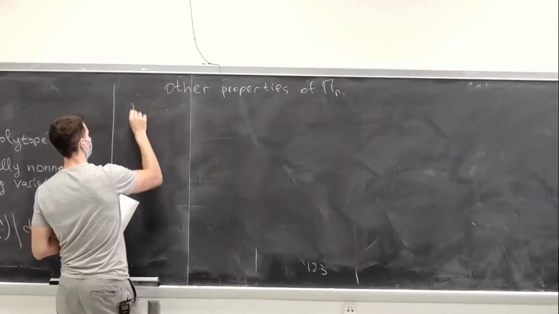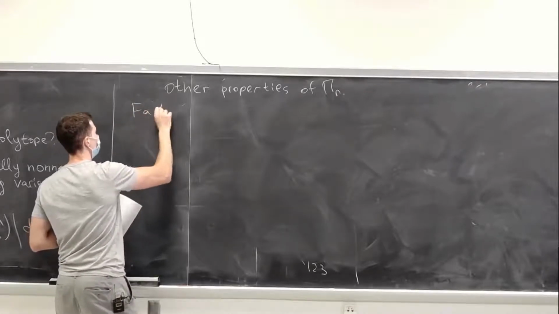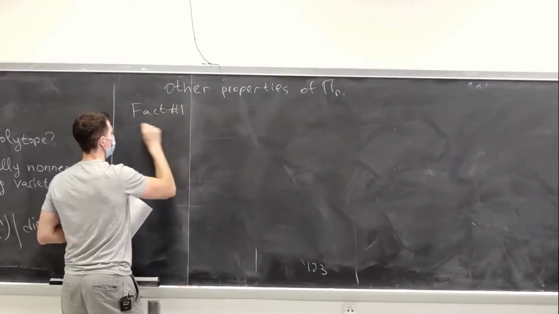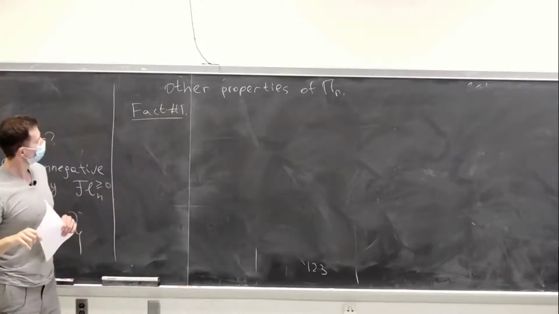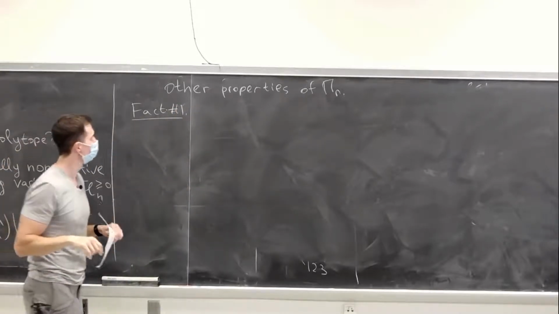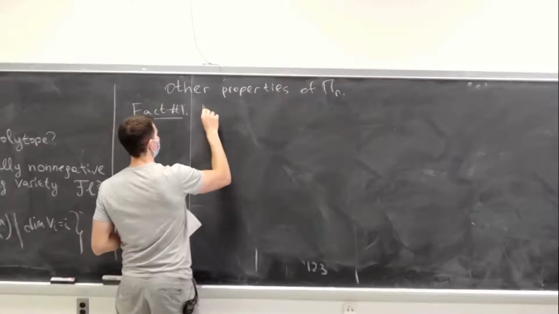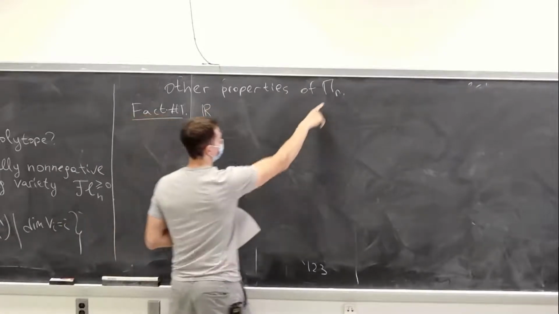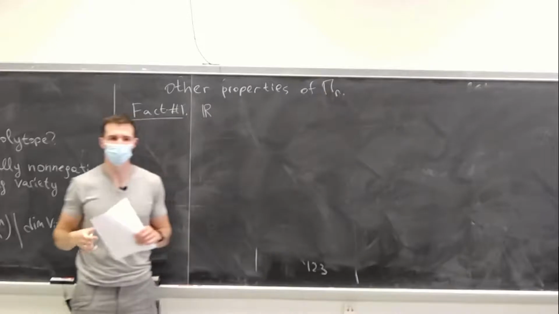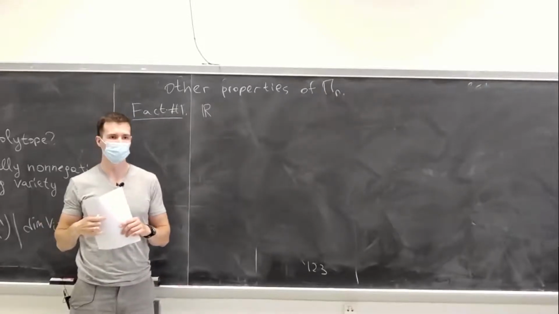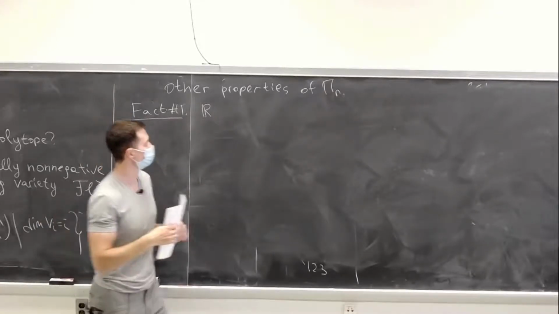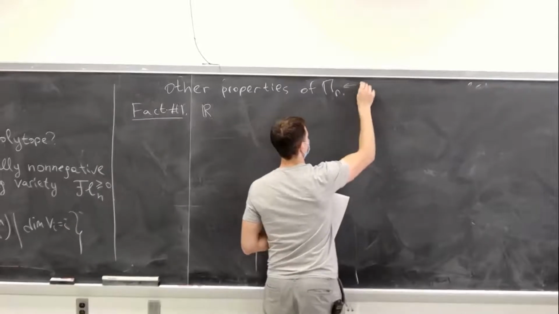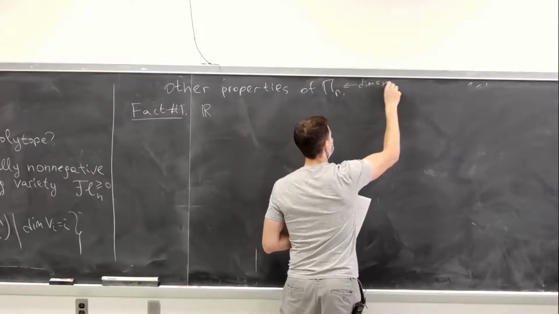There are going to be 3 properties, and I'm going to prove only 2 of them. The first one is that, well, remember what's the dimension of this guy? n minus 1. Okay, that's true. The dimension is n minus 1.